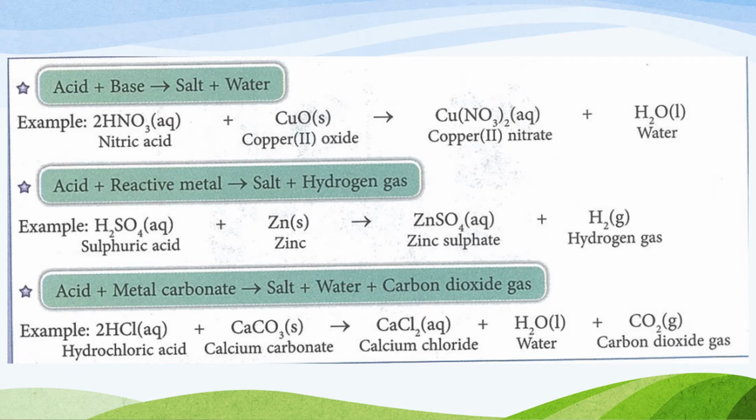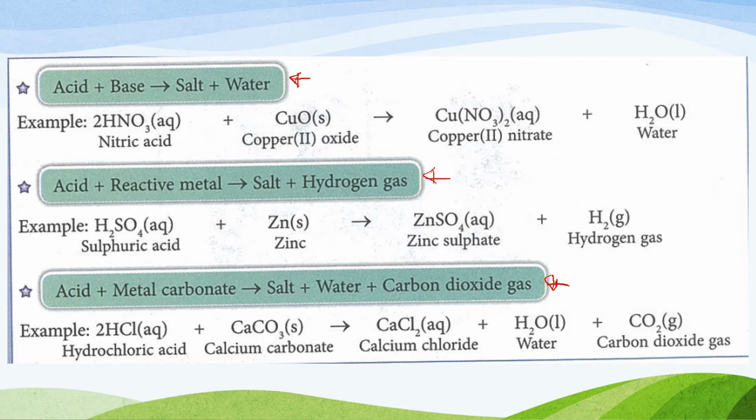The first one: the reaction between acid and base will always produce salt and water. Here we have an example with the reaction between nitric acid and copper(II) oxide. The product is going to be copper(II) nitrate and water. I want you to at least memorize this general equation, so that it's easier for you to identify the products formed in the reaction.